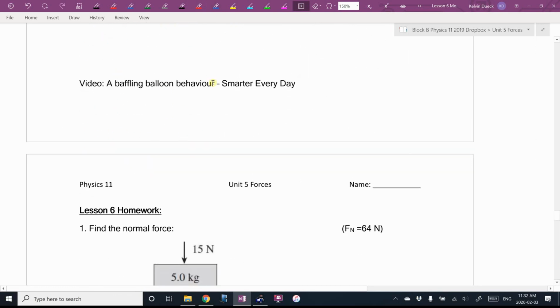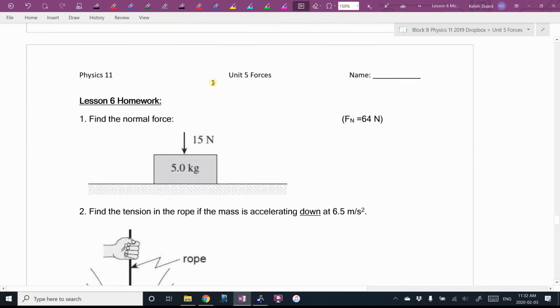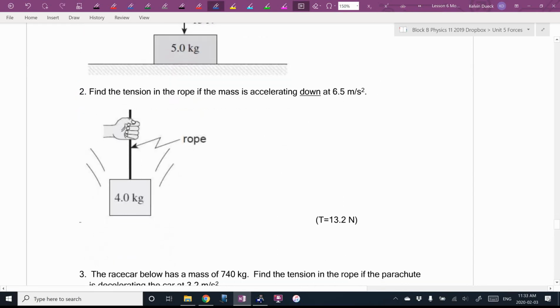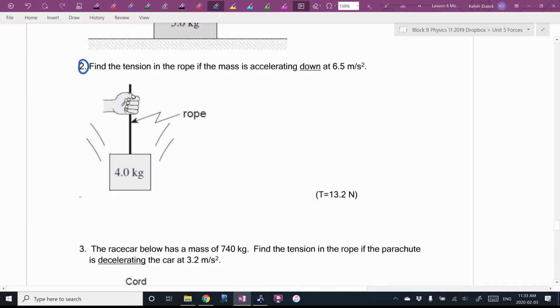We watched the baffling balloon behavior last day. What's your homework? Number 1. Number 2, look at that 4-kilogram block. Is it sitting on a surface? So is there a normal force? Nope, don't get normal force loopy and start sticking them everywhere. Here you have gravity and tension.